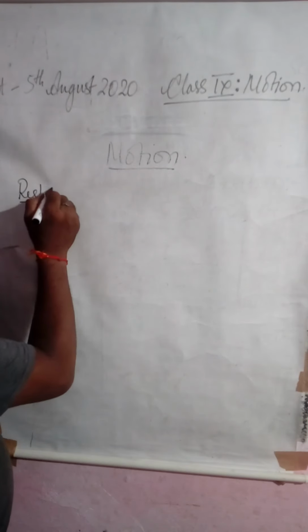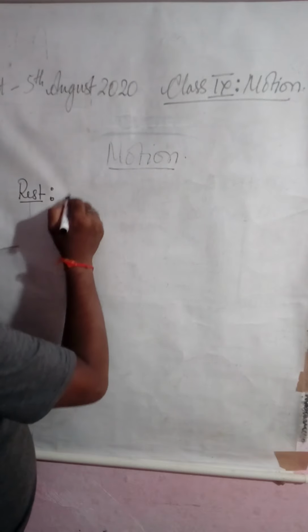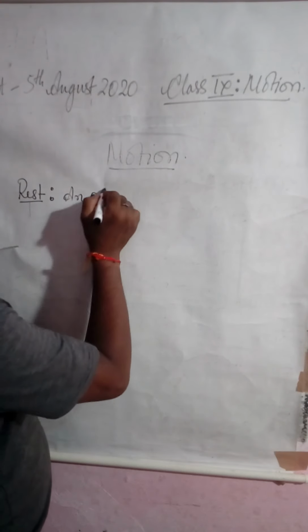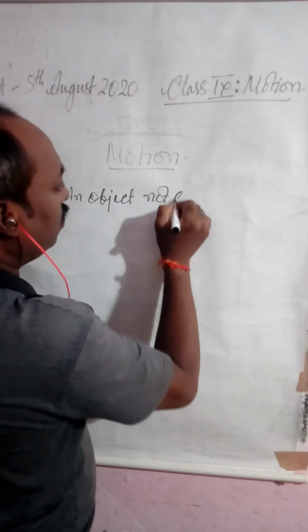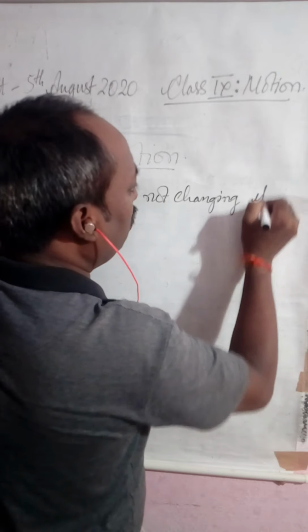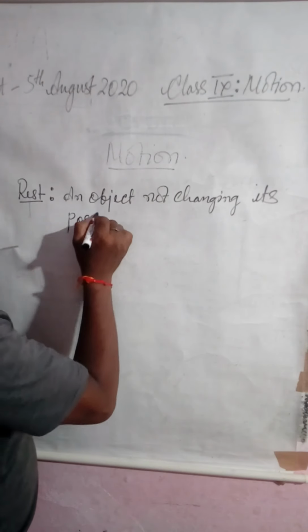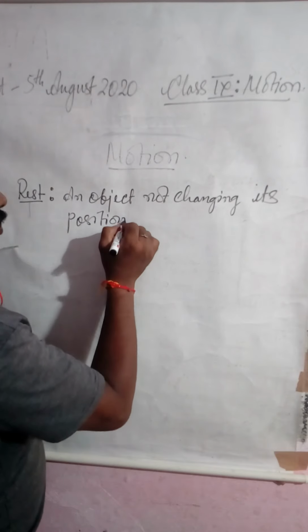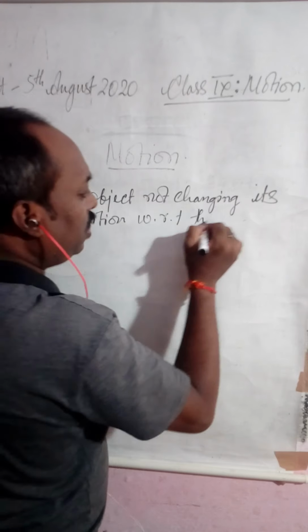Now, when we say rest, an object which does not change its position with respect to the surrounding is said to be at rest. So, an object not changing its position with respect to the surrounding.